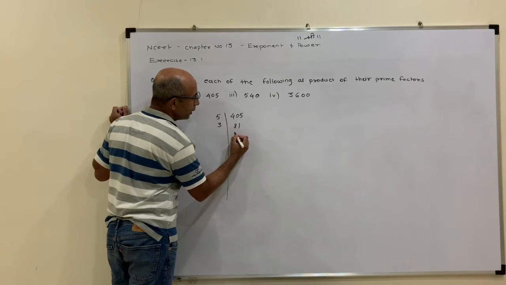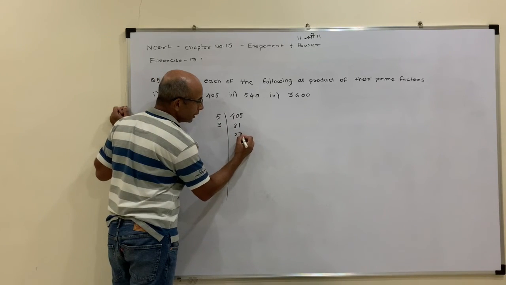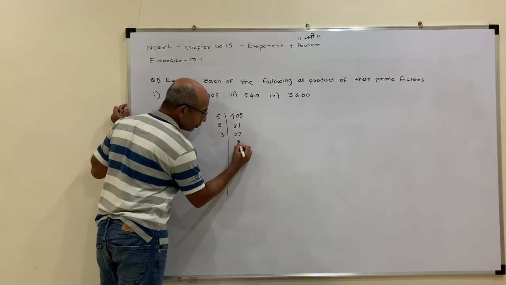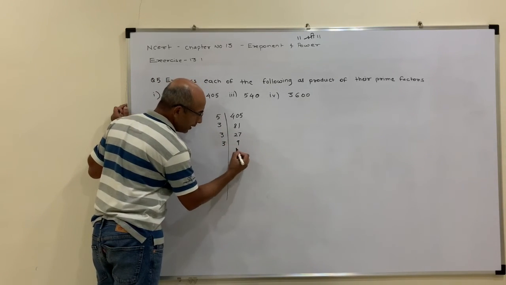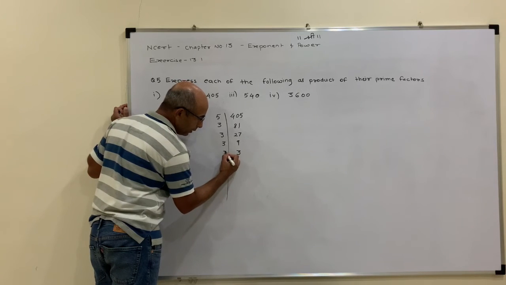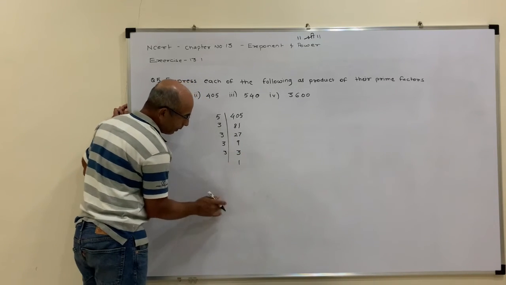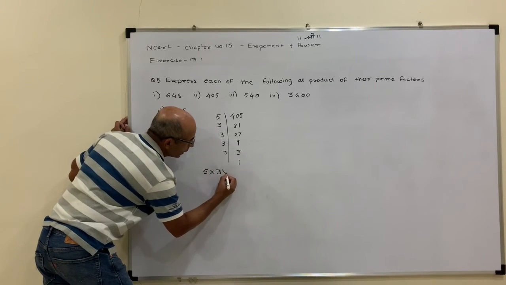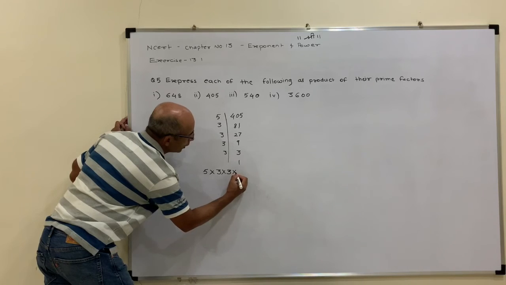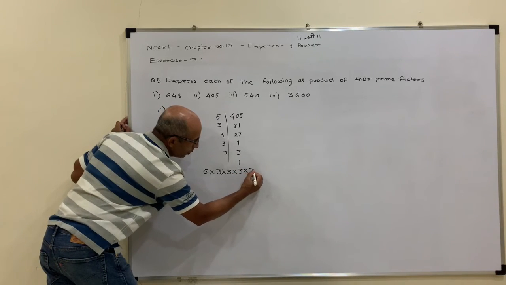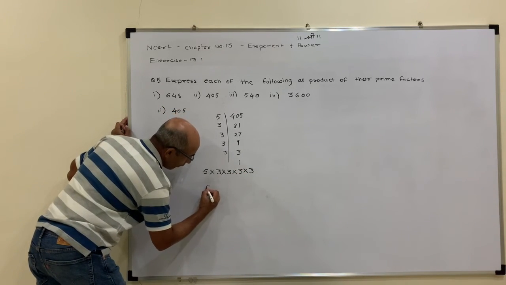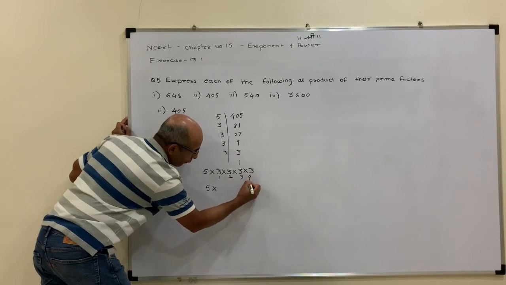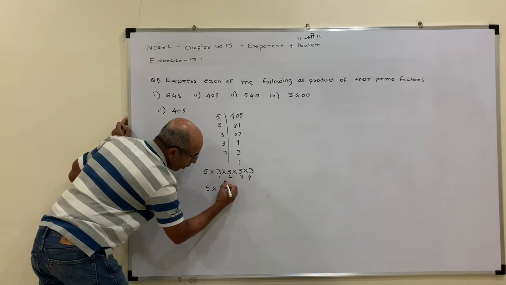So 3 2s are 6, 3 7s are 21. Then 3 9s are 27. Then 3 3s are 9 and then 3 1s are 3. So my prime factorization comes out to be 5 into 3 into 3 into 3 into 3. That is equal to 5 into 1, 2, 3, 4. So 3 raised to the power 4.